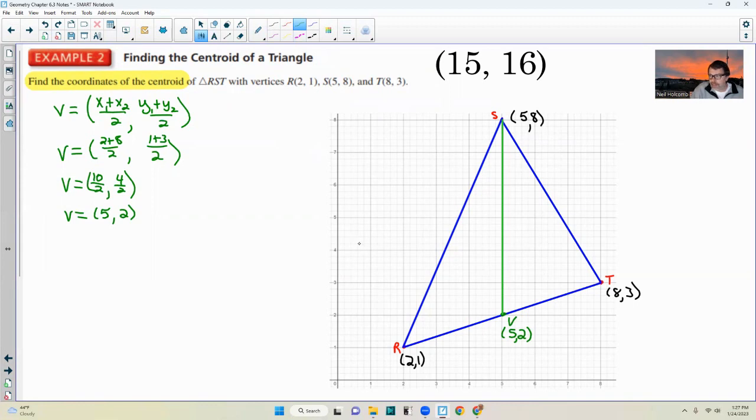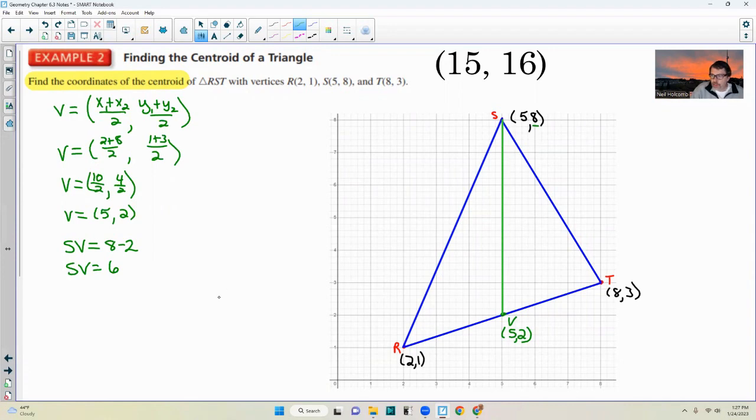So the distance is simply the difference in your y's. The length of SV equals 8 minus 2, so that's a distance of 6. So the length of SV equals 6.